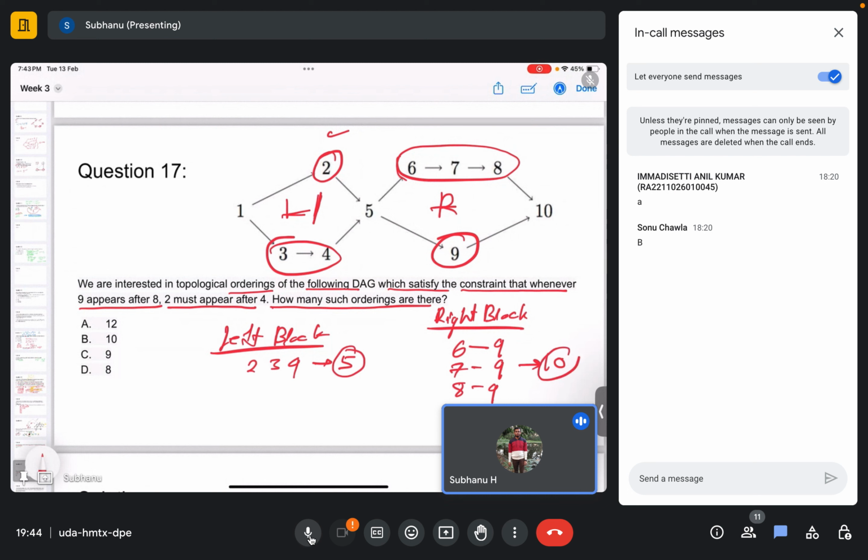So you can write 2 3 4, or 3 4 2, or 3 2 4.